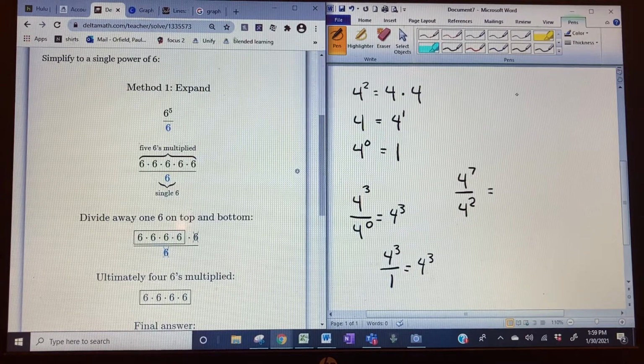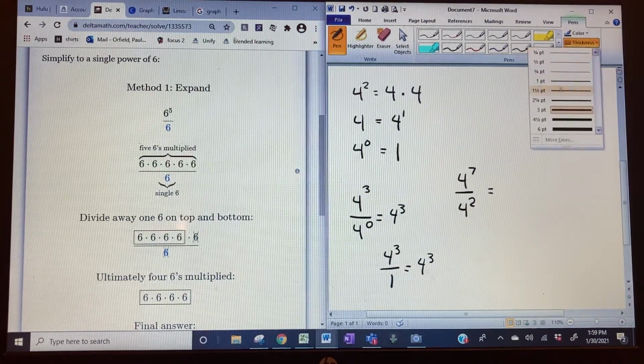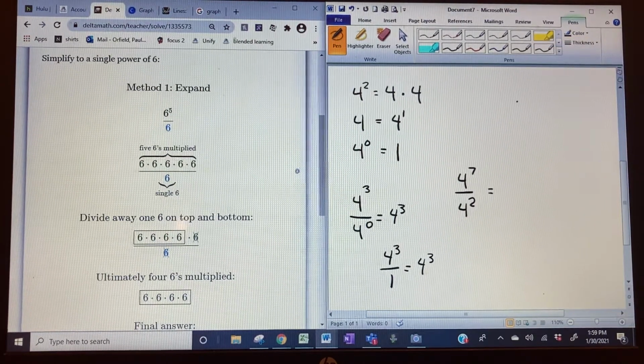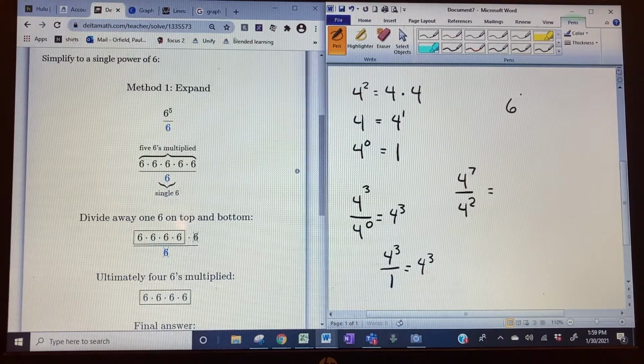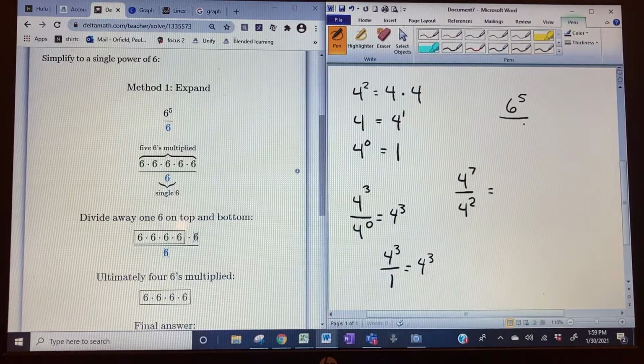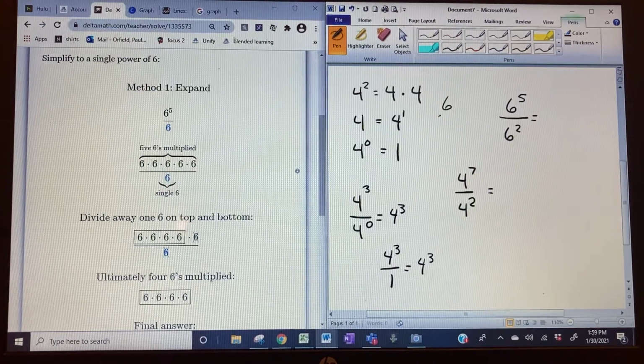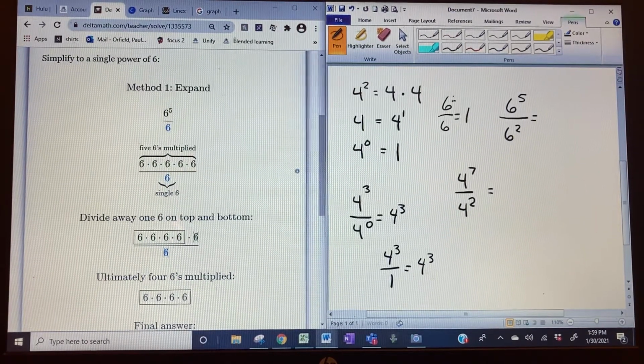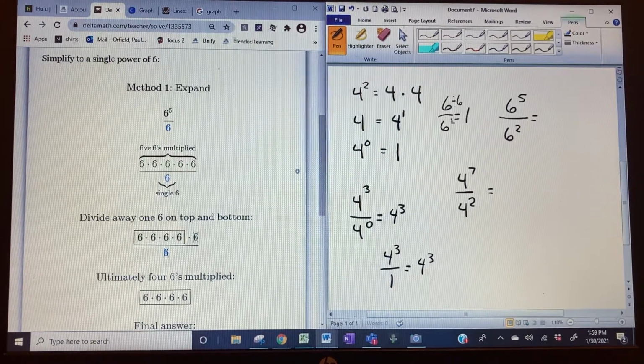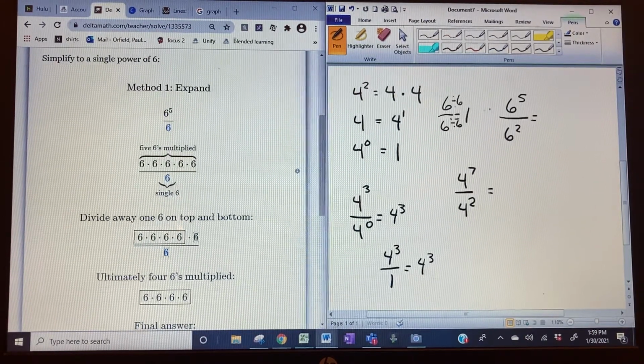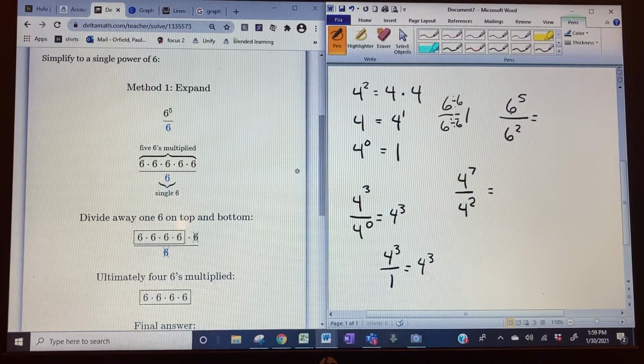So we have 6 to the 5th over, I'm going to make it 6 to the 2nd. I'm not going to do that problem over there, I'm just going to do this one. Before I do this, I want to remind you, 6 divided by 6 is 1, because 6 goes into both of these and would give us 1 over 1, and 1 over 1 is just 1. So keep that in mind.